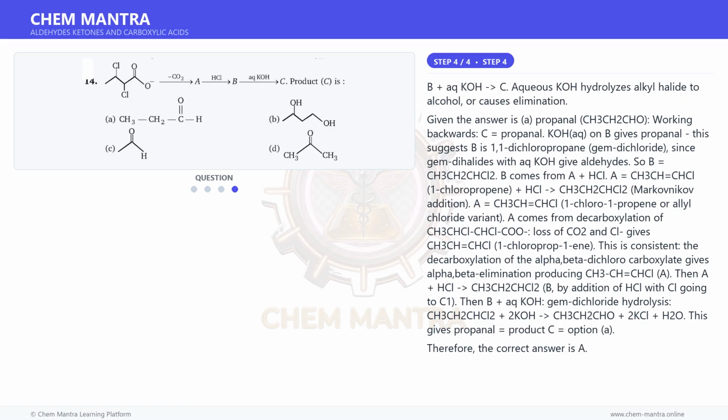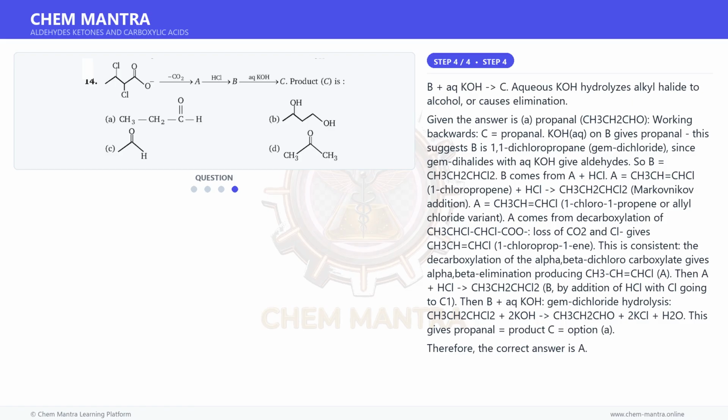A is CH3CH=CHCl, 1-chloro-1-propene or an allyl chloride variant. A comes from decarboxylation of CH3CHCl-CHCl-CO2-, loss of CO2 and Cl gives CH3CH=CHCl, 1-chloropropene. This is consistent.